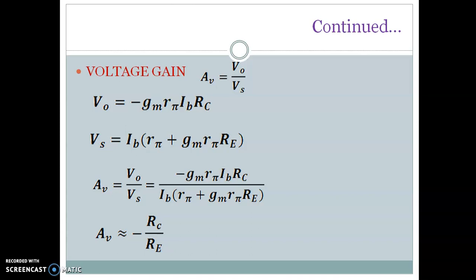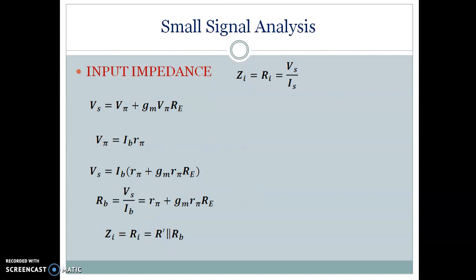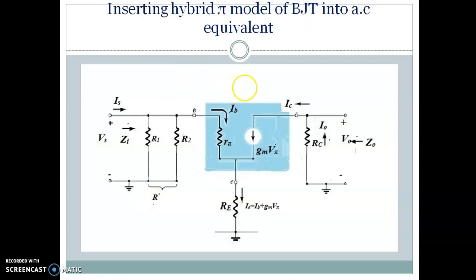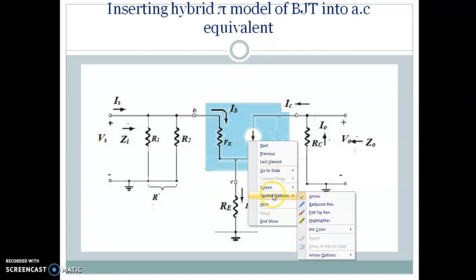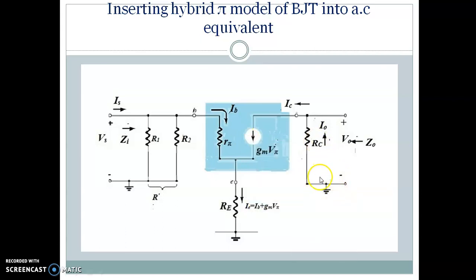Next, coming to the voltage gain. Voltage gain Av is nothing but V0 by Vs. Looking into the circuit, the current direction is taken in this direction, but we have marked the polarity as plus and minus here. Therefore V0 will be equal to minus I0 RC.